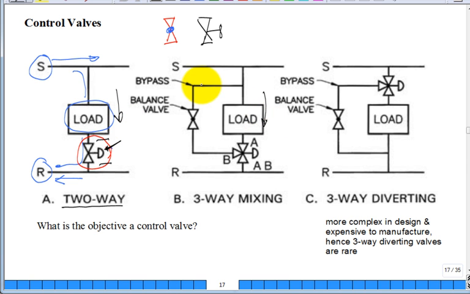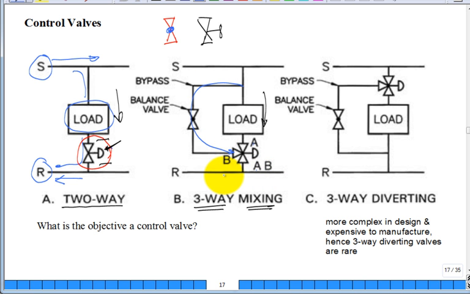But you could have another way of controlling the flow through the heat exchanger. And you could have what they call bypass and a balancing valve, and then a three-way valve, which is mixing. And so this three-way valve is controlled, and it can control such that the flow from A to the output AB is very minimum restriction, hence the load gets a lot of the flow, or it controls it such that there's a high restriction from A to the outlet, and hence it'll want to bypass.